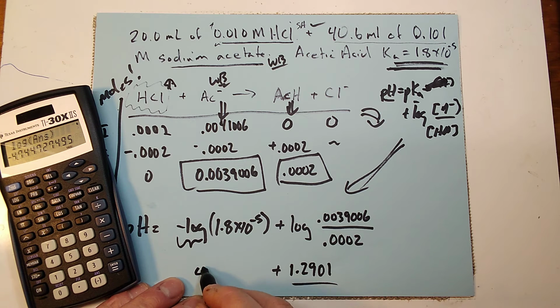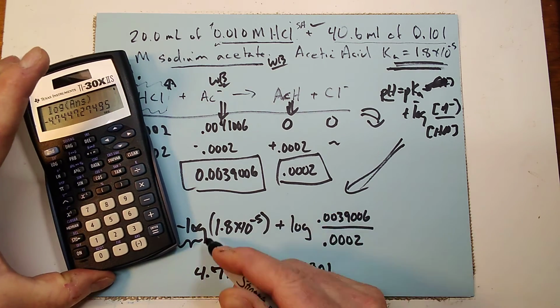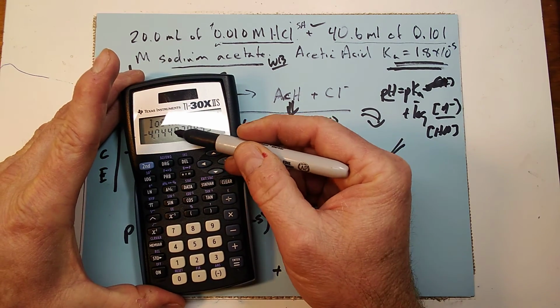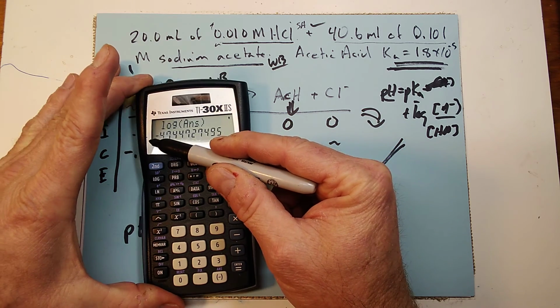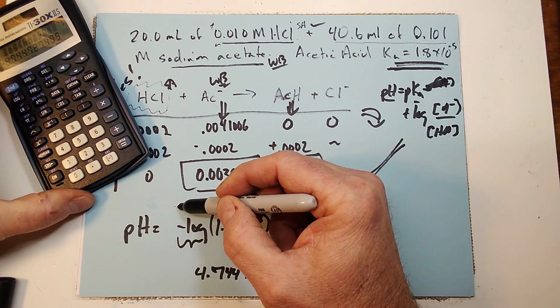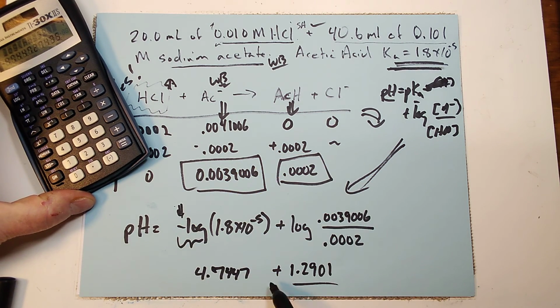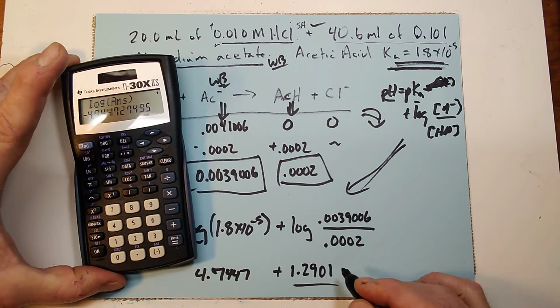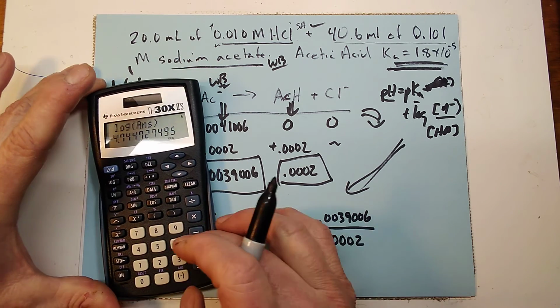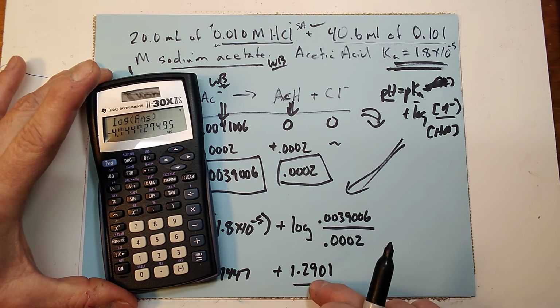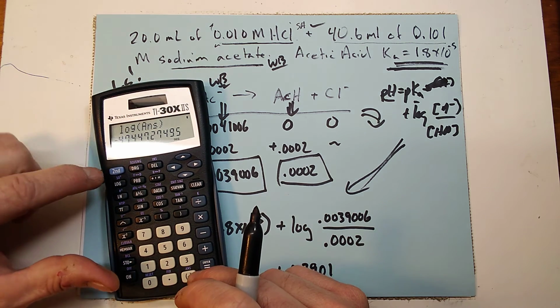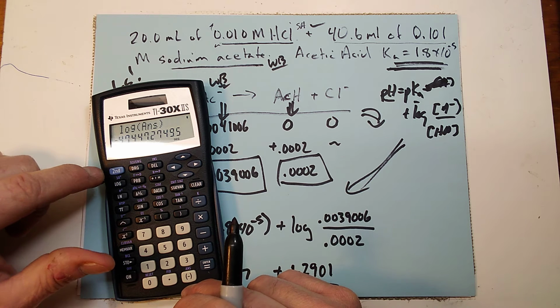So it's going to be 4.7447, because the log of this is minus 4.7447. But we're going to change the negative sign to a positive sign because of the negative of the negative. So we get 4.744, and we're going to add to this 1.2901.